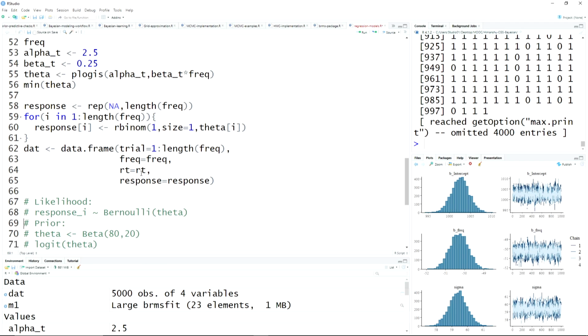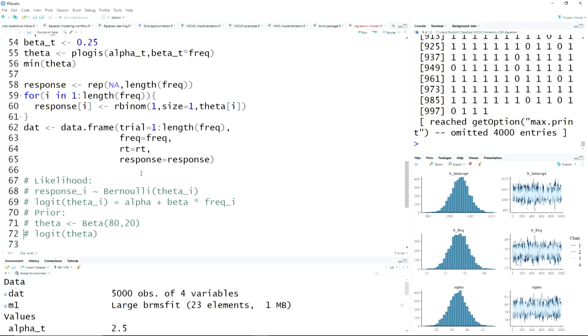Now a model is like this, Bernoulli theta i, where logit of theta i equals alpha plus beta into frequency i. So the parameters of interest are now alpha and beta, not theta. So let's say for alpha, you set up a prior.